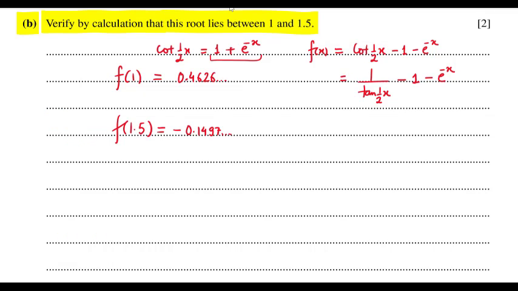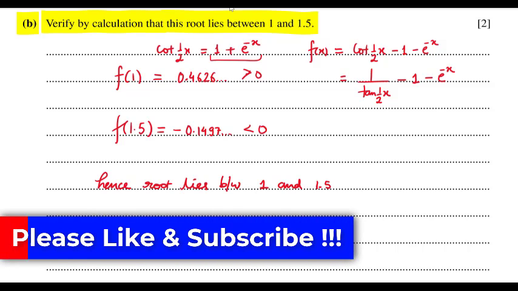So we can see f of 1 is greater than 0 and f of 1.5 is less than 0, hence the root lies between 1 and 1.5. I hope it is clear.